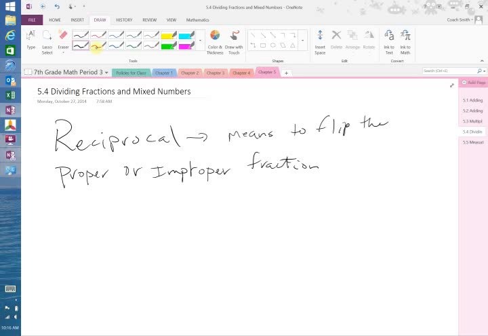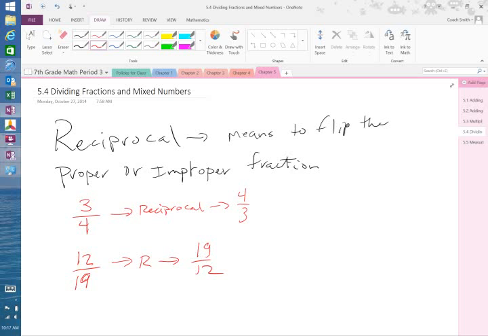So, if I was talking about the reciprocal of 3/4, the reciprocal would be 4/3. If I was finding the reciprocal of 12 over 19, the reciprocal would be 19/12.